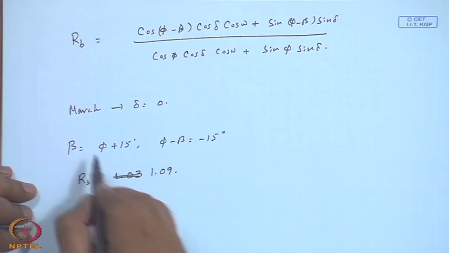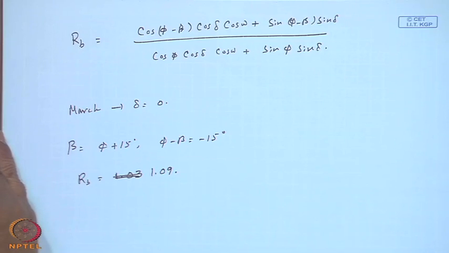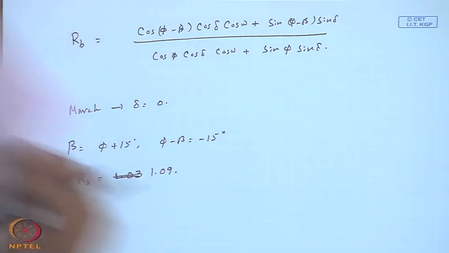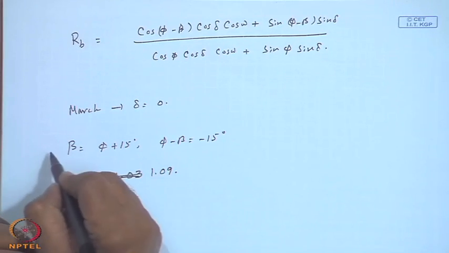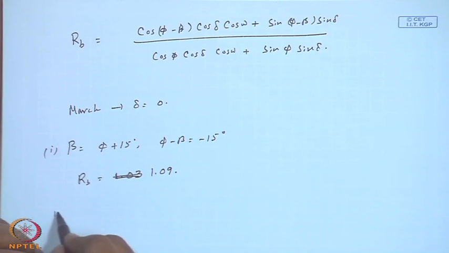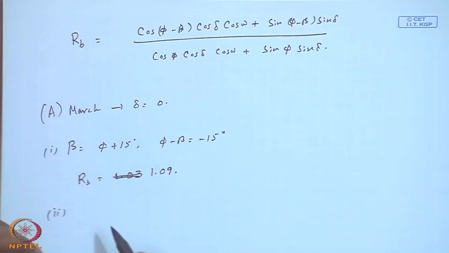So, this is for beta phi plus 15 in March, and you can fill in the numbers and find out that they are okay.